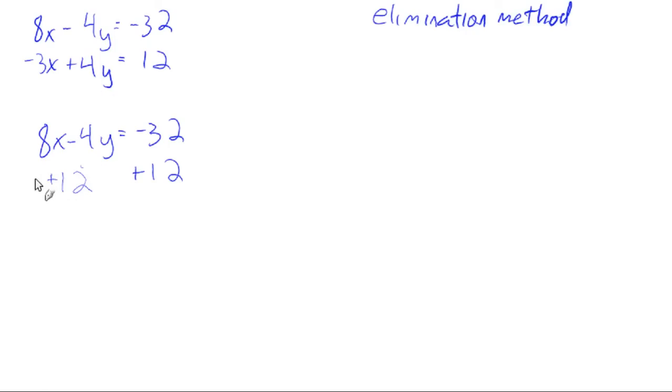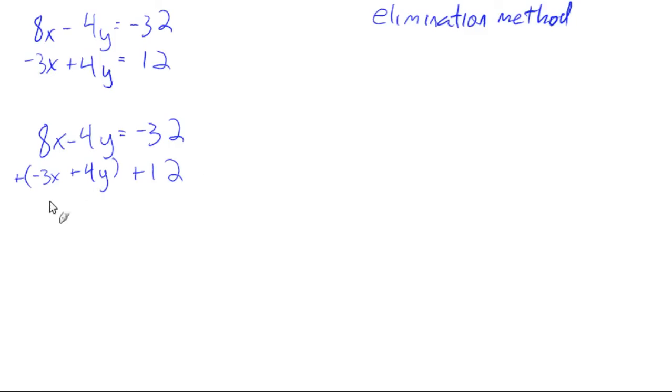So instead of adding 12, let's add its equivalent, which is this stuff over here. So to this side we will add negative 3x plus 4y. So on this side we'll add this stuff, and on this side we'll add 12, and 12 and this are the same thing, so we're doing the same thing on both sides.